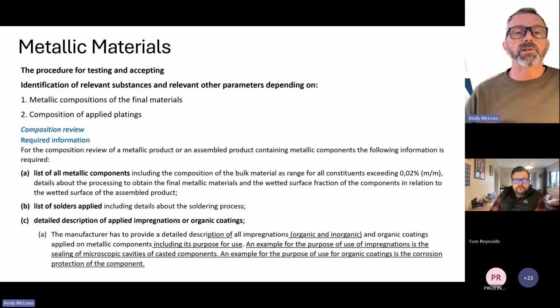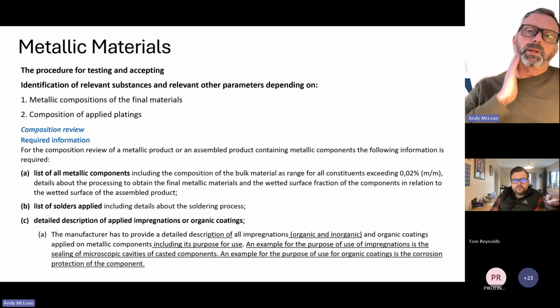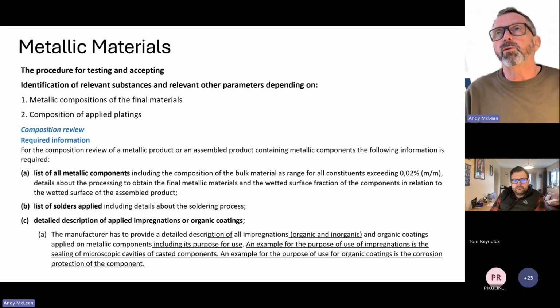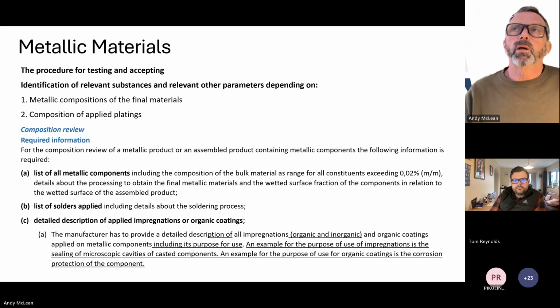So the required information for the composition review, you need obviously the list of all the metallic components, including the composition. Now, simply put, that sounds really complicated, but essentially, if it's on the positive list, the composition will be defined in there, but you may still be asked by the assessment body for a breakdown of what that material is.